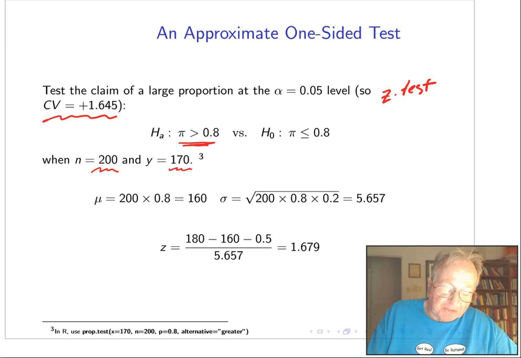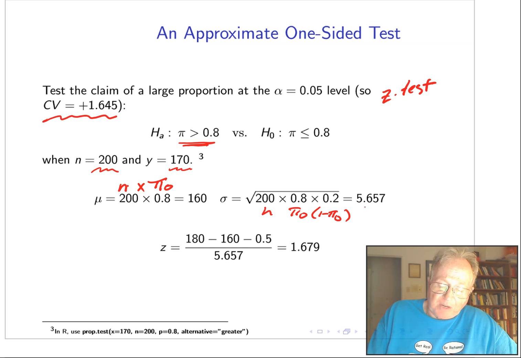So let's do some calculations here. The mean, take the null value times the sample size, and the mean will be 160. The standard deviation, n pi naught and its complement. Take the square root of that product, we get 5.657. Now we can calculate a z-score.